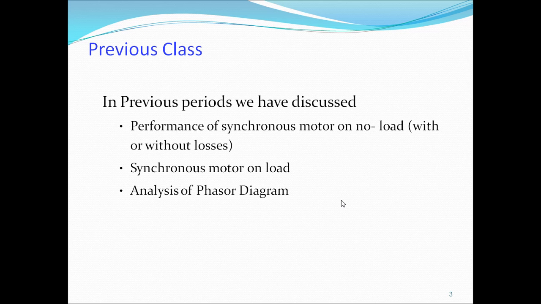So back EMF EB depends on the excitation of the motor, and it opposes the supply voltage V. So the resultant voltage available across the armature is V minus EB, and the armature current IA is equal to V minus EB by, as in the case of synchronous generator, the armature resistance and synchronous reactance.